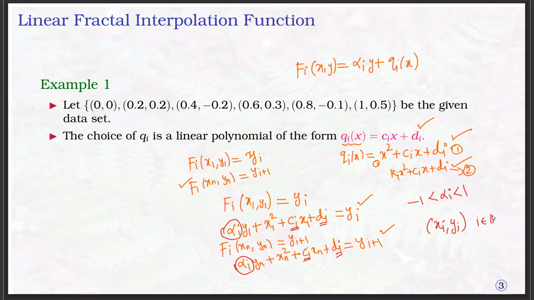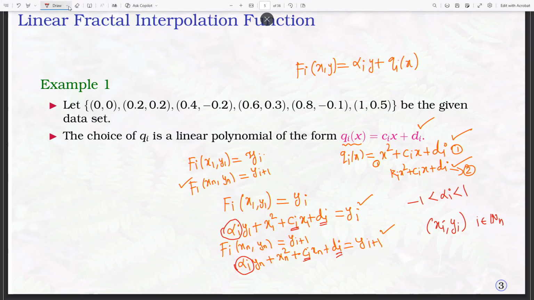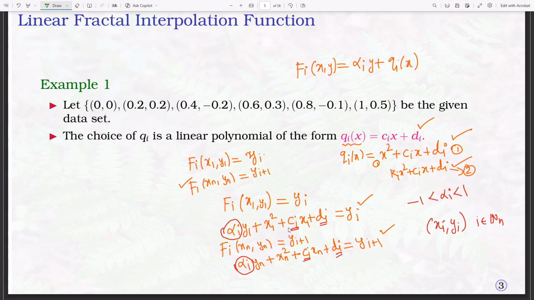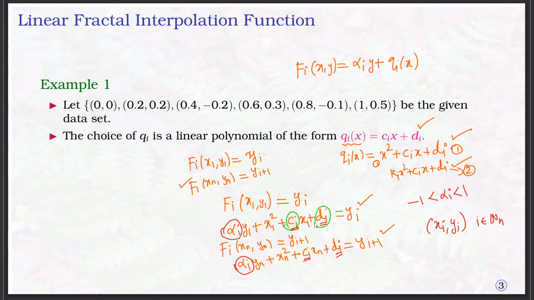So our job is to find only these constants c and d. There is no other constant. So we have two equations with two unknowns, therefore this system is consistent.